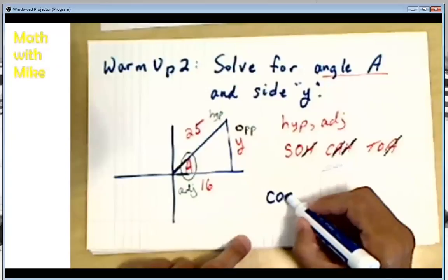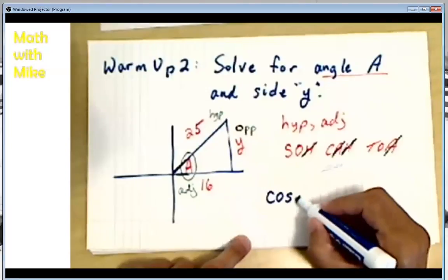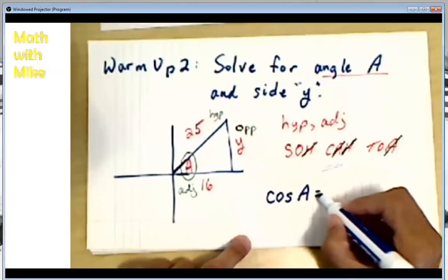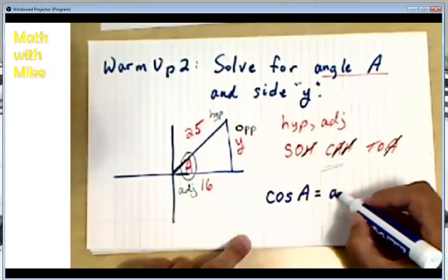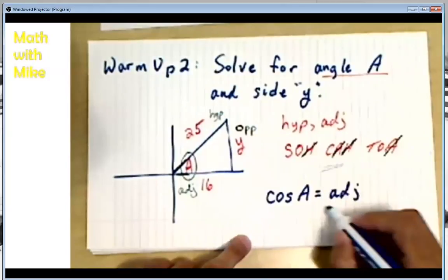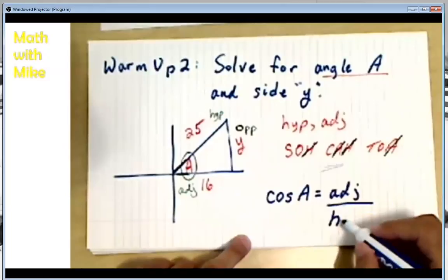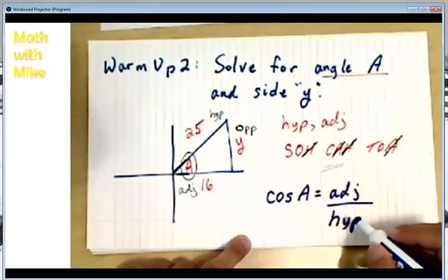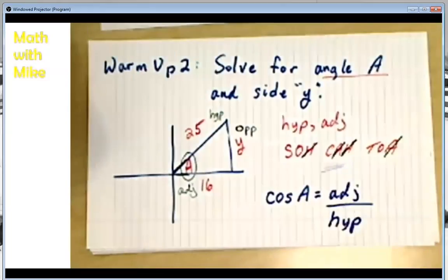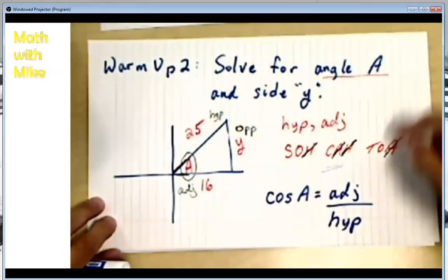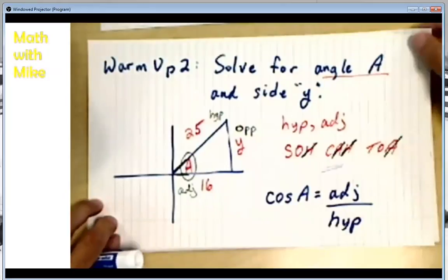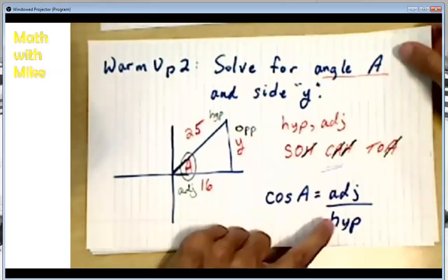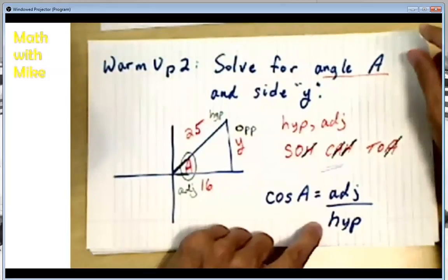So that means we have cos A, our angle. It's going to be the adjacent side divided by hypotenuse. Now it's important to recognize which one's on the top. The adjacent is on the top. Hypotenuse is on the bottom. It's always like that.